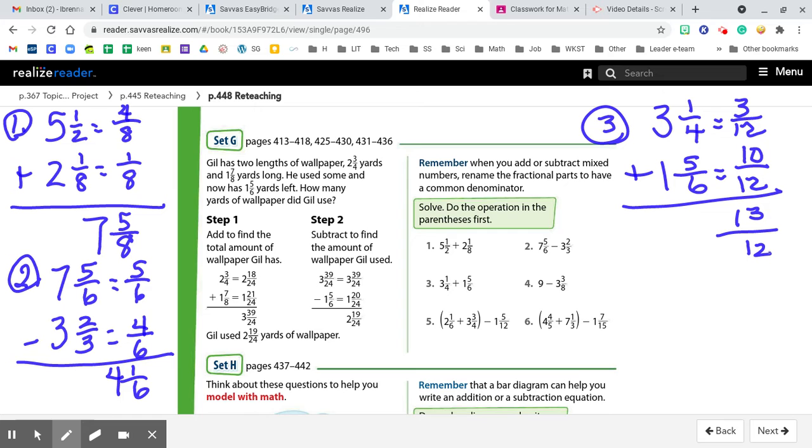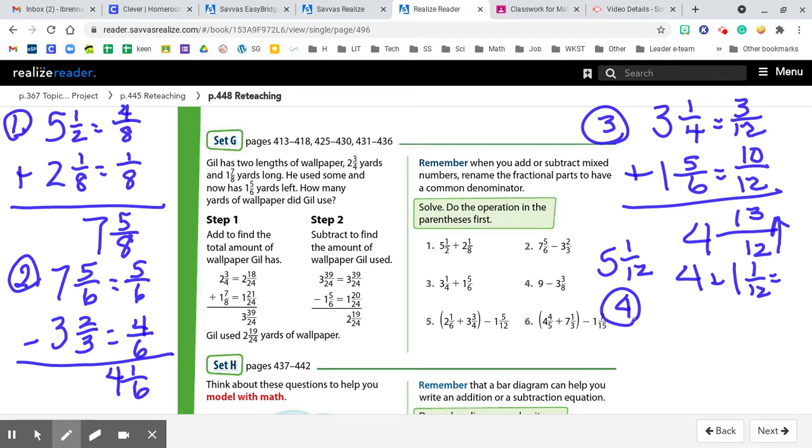So 4 13/12, and 13/12, because I can see that's an improper fraction, is going to equal 1 1/12. So 4 plus 1 1/12 is going to equal 5 1/12 for number 3.